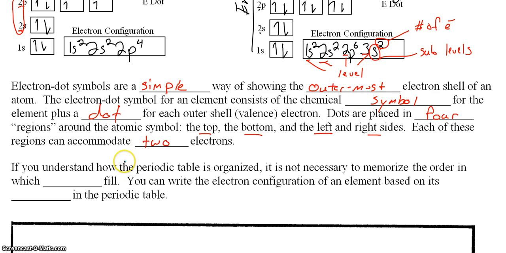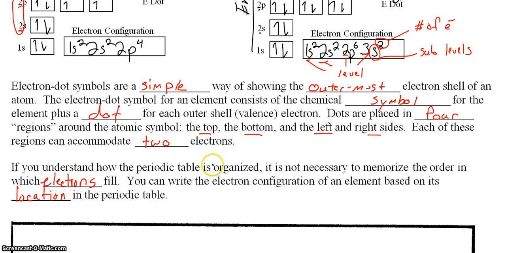Now, this bottom part right here, if you understand how the periodic table is organized, it's not necessary to memorize the order in which electrons fill. You can write the electron configuration of an element based on its location on the periodic table.